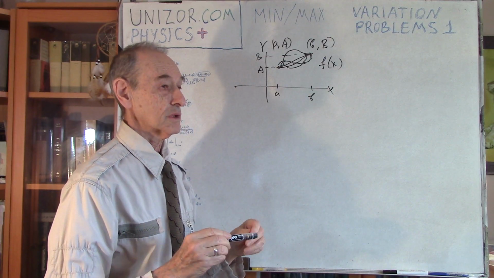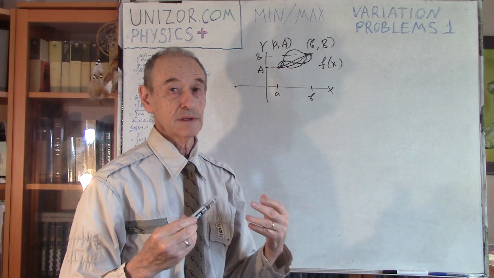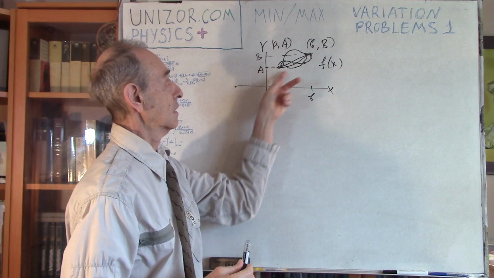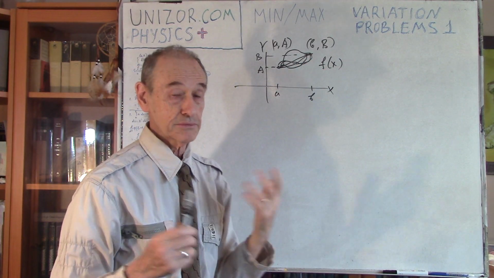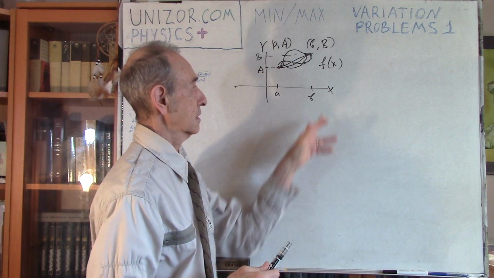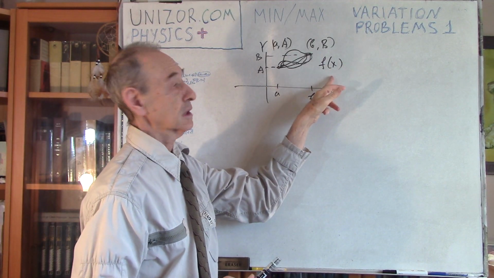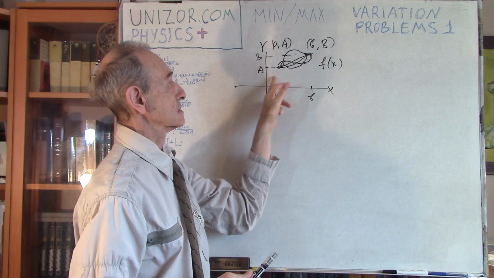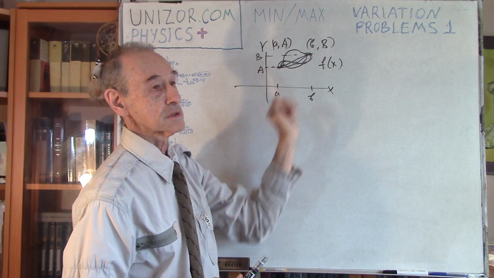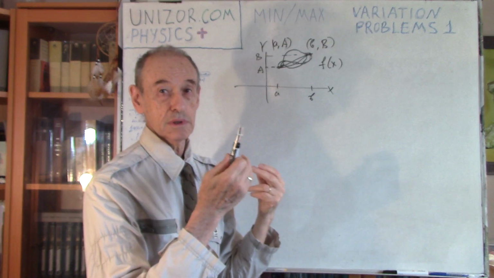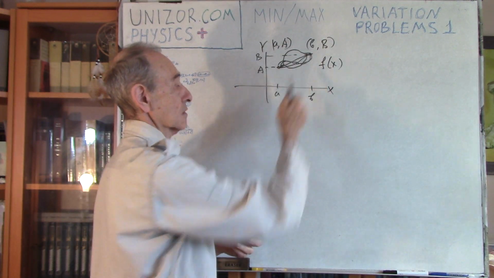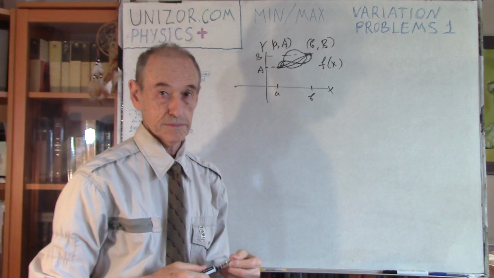First of all, let's state that the length of the curve, which represents the graph of the function f of x, is a functional, because every function in this class of functions which connect these 2 points is mapped into some number, which is the length of the graph of this function.